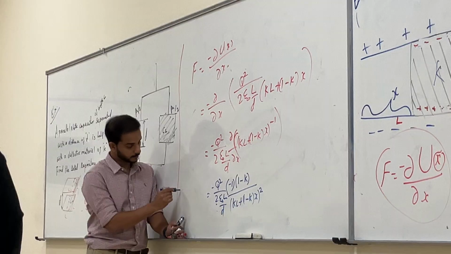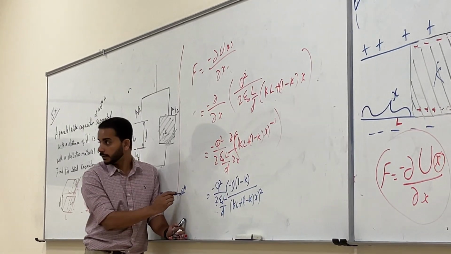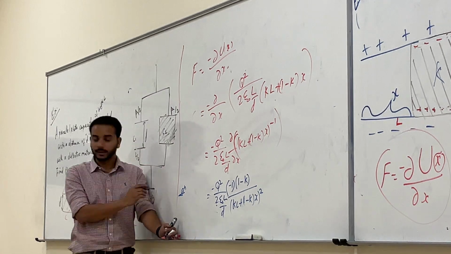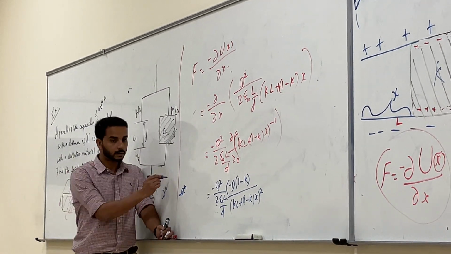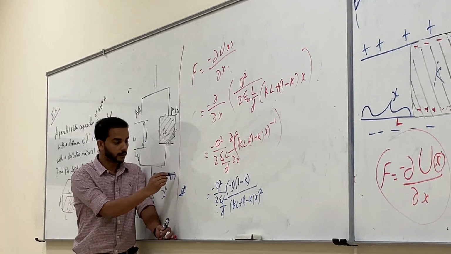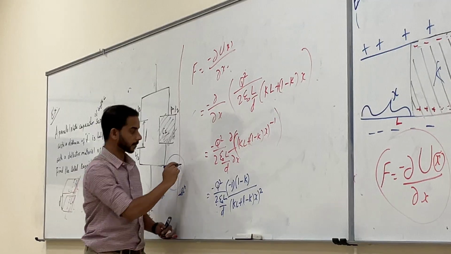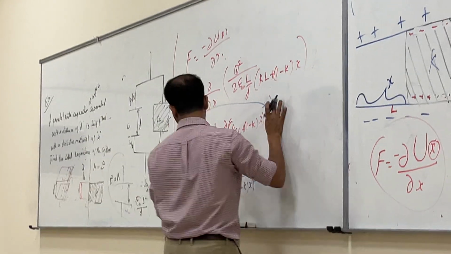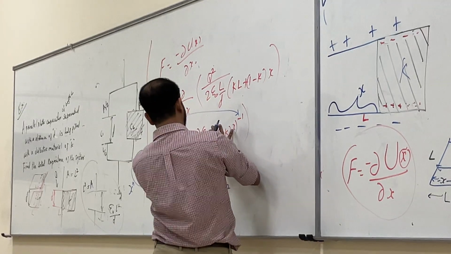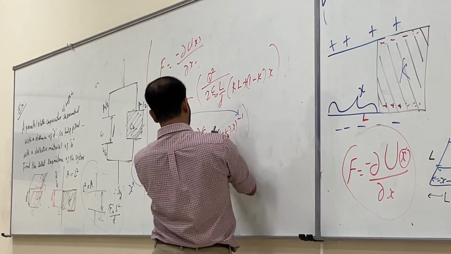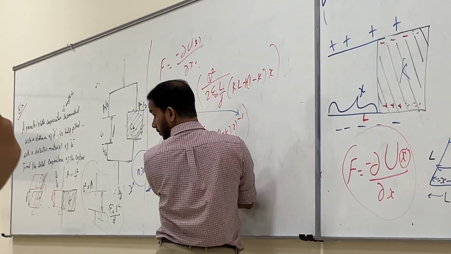If you have a function like a to the power n, or x to the power n, how do you take the differentiation of this? n into x to the power n minus 1. So check here: my n is minus 1. So minus 1, and I have a function which has to be differentiated with x, so that constant, whatever it is.